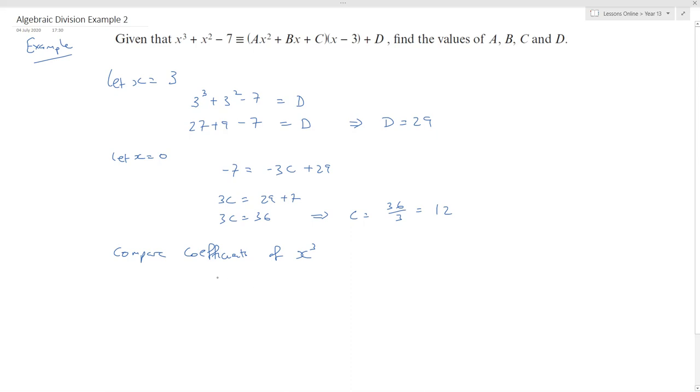So I'm going to say 1 is equal to, on the right hand side, when I expand the brackets, I get 1x cubed, because that would be x times ax squared. So it's ax cubed. So it's simply a equals 1. Oops, capital A equals 1. And then I'm going to compare the coefficients of x squared, which will give me b.